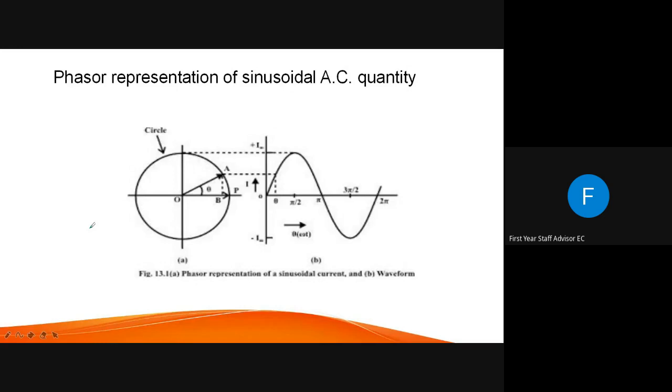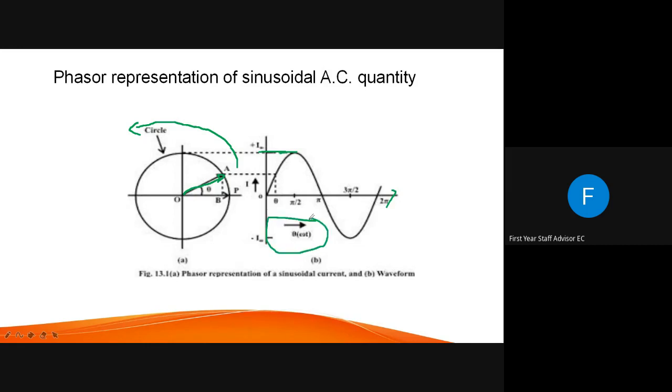For example, you can see that there is a sine wave. The sine wave is drawn like this, and the peak value of the sine wave is the magnitude or length. Based on that, we are drawing the length of the vector, and we are assuming that it is rotating in the anti-clockwise direction with angular frequency omega.